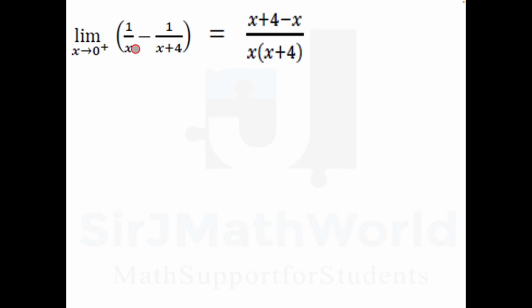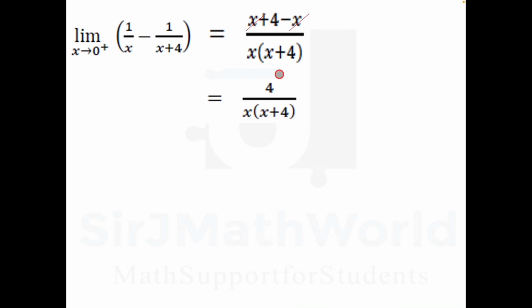Pag dinivide natin dito, matatanggal ito, so matitira ka lang ng x plus 4 minus. Ito, divide natin dito, matatanggal ito. Multiply natin kay 1 yung sagot. That's why this is negative x or minus x. Then, after that is cancel yung common terms. Isang positive, isang negative, kaya cancel, kasi x minus x is 0.